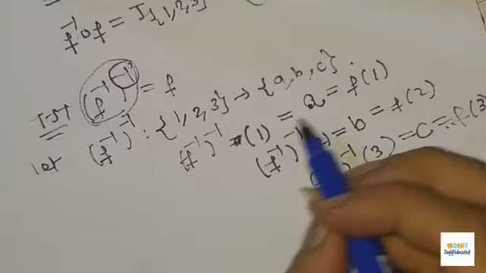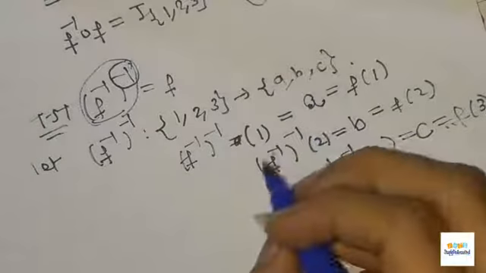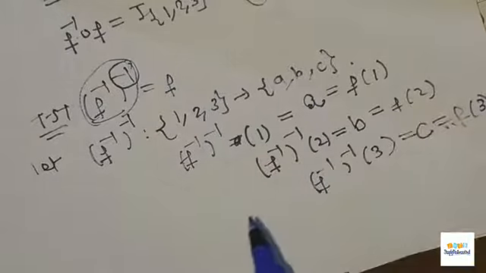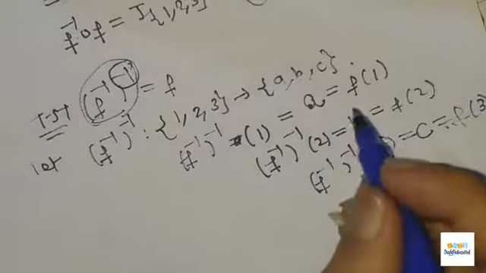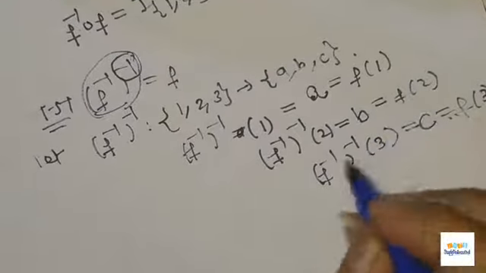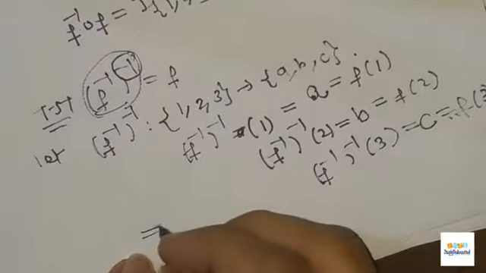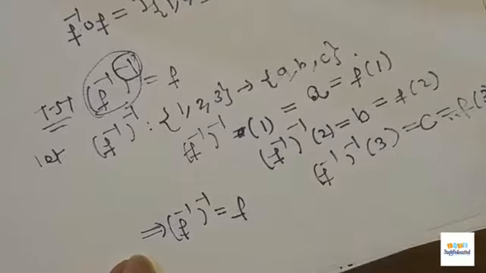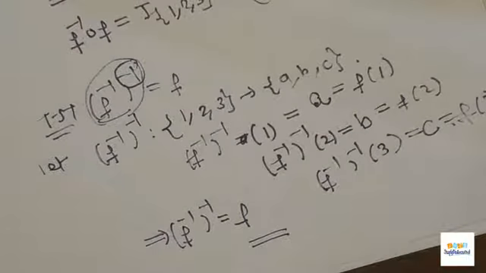At the same value, that is 1, f inverse is a, and also f of 1 is a. At the same values you have the two functions equal. So what you will get is f inverse is equal to f, and that is what we wanted to prove. So that was example number 11.